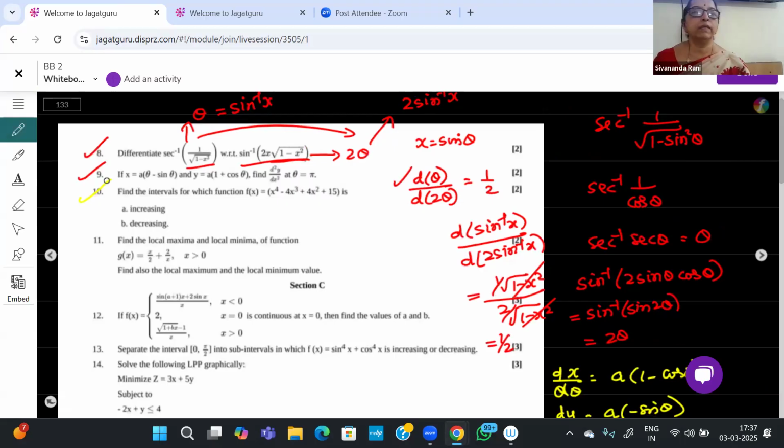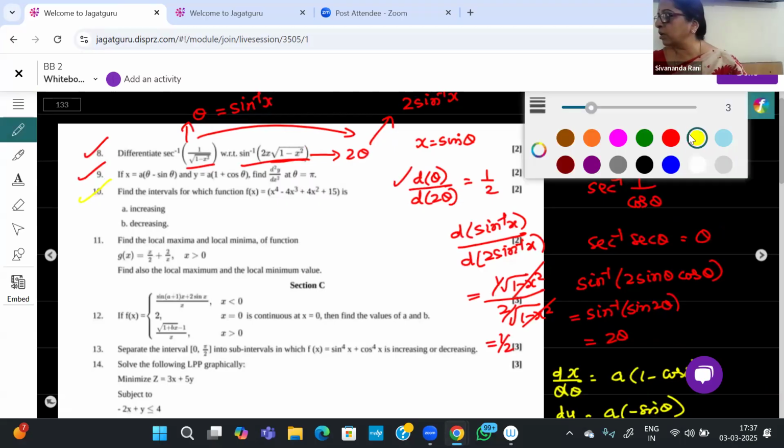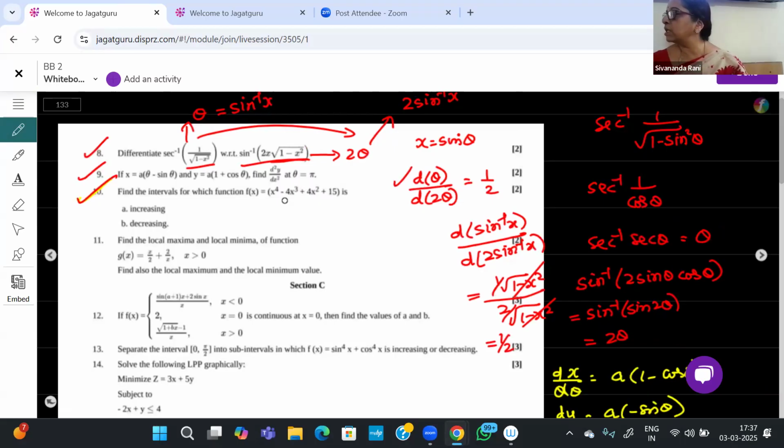Try this. Find the intervals in which this function is increasing or decreasing.